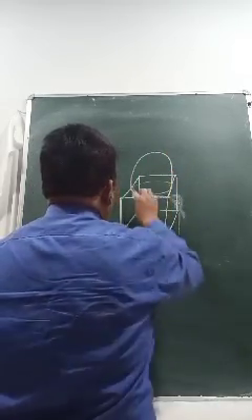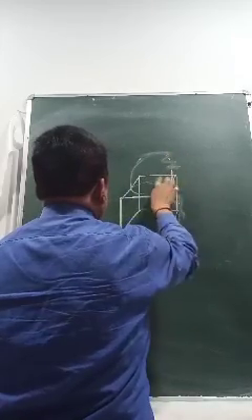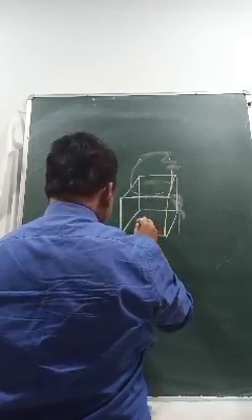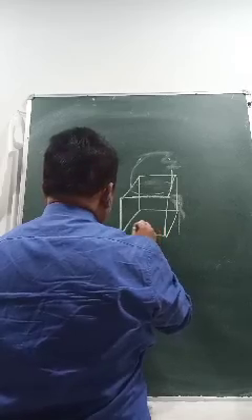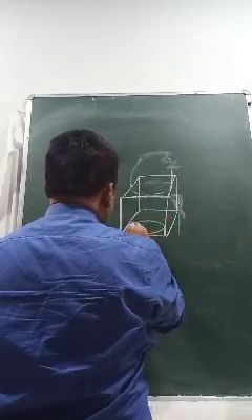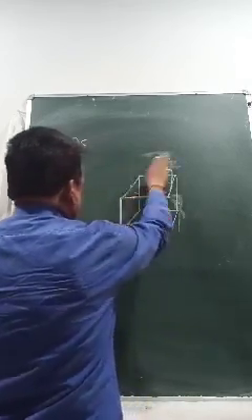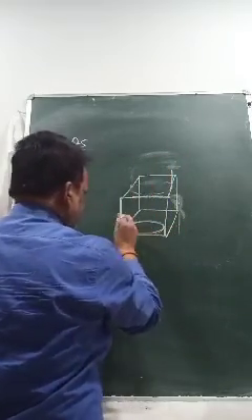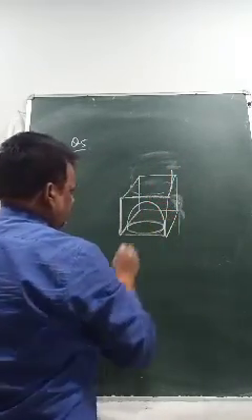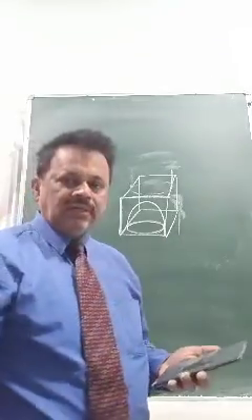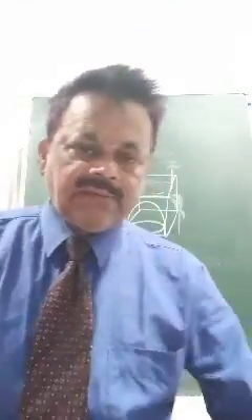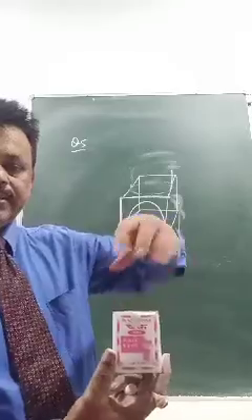A cut off, you can show it here like this. On this face you are cutting off like this. Cutting off means that when you cut off, it will be deep inside.